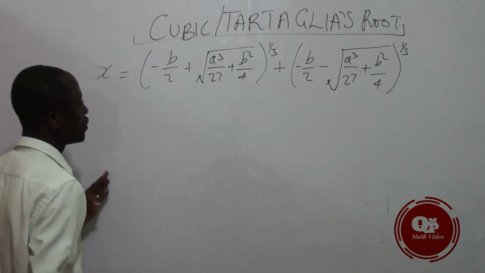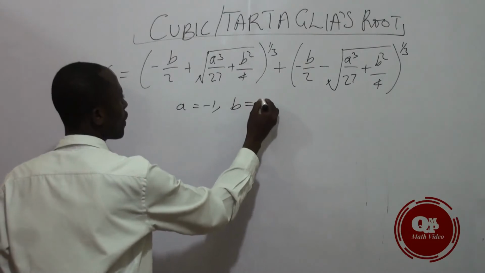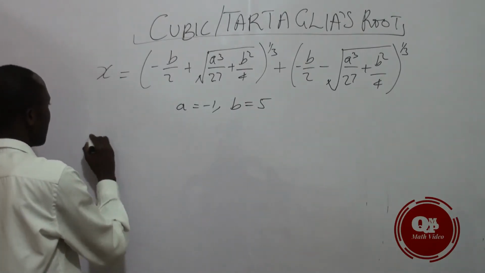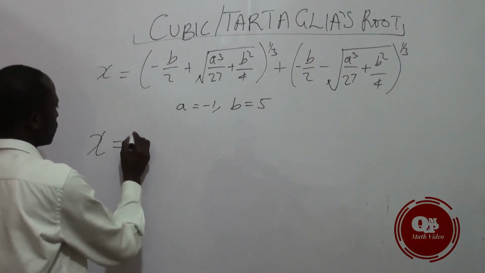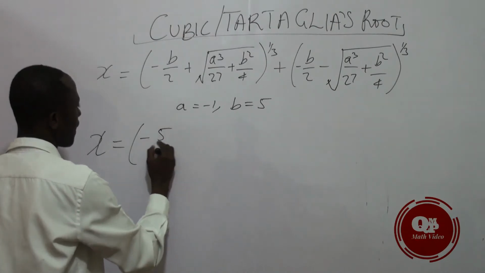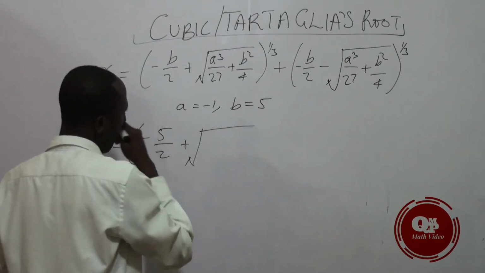Now from the solution, realize that a was negative 1 and b was 5. So what we have to substitute into the equation, for that matter, we have x is equal to negative b, that is negative 5 out of 2, plus into brackets the square root.